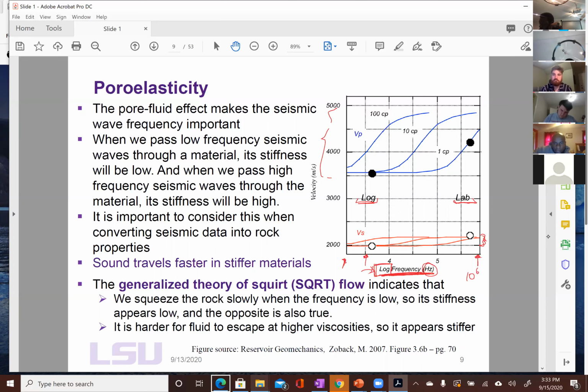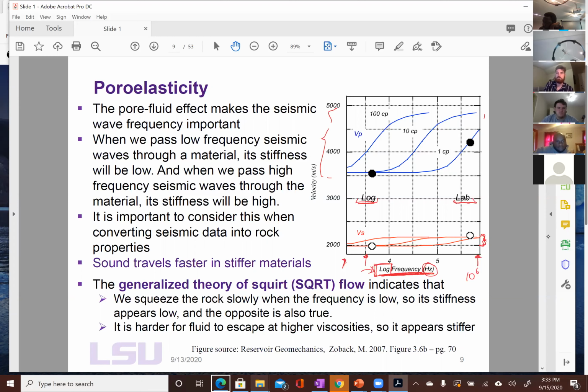One is P wave velocity, primary or compressional wave velocity, and the other is secondary or shear wave velocity. And we're going to talk about those later in this module. So the variation here is smaller than here, but the trend is the same.